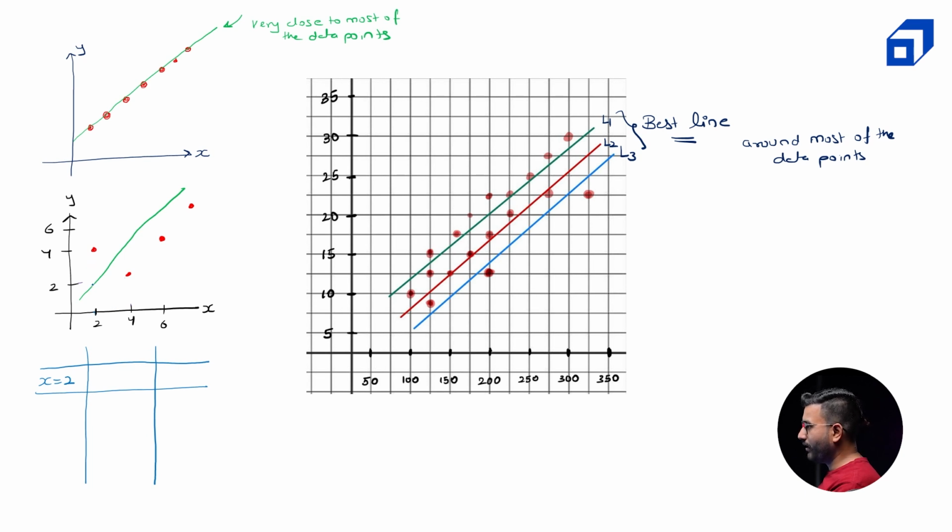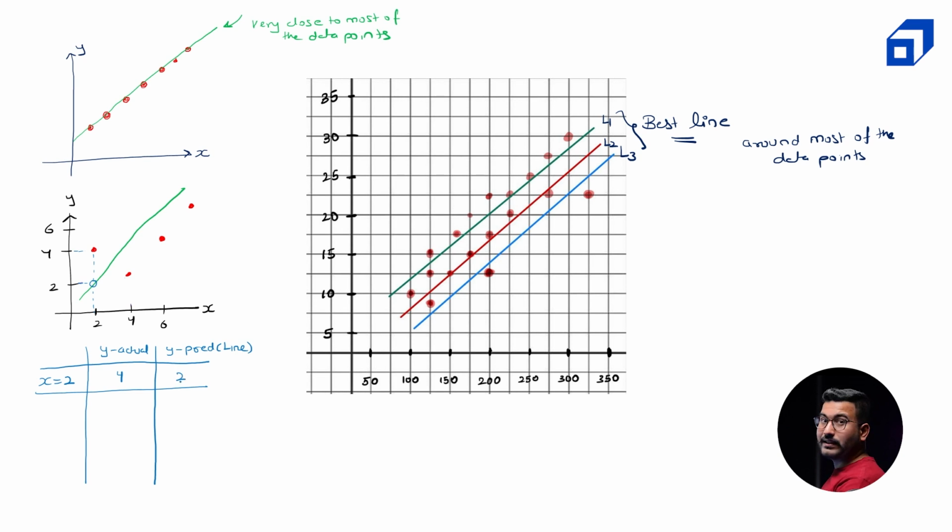The prediction is going to be on the line, which is this point, which corresponds to 2. But the actual is over here, which is the red color point, which is going to be 4. So let's write down: y actual is going to be 4, and y pred according to the line is going to be 2.